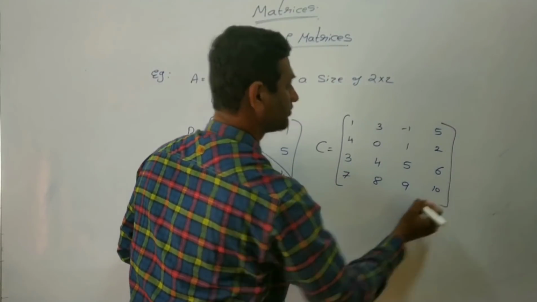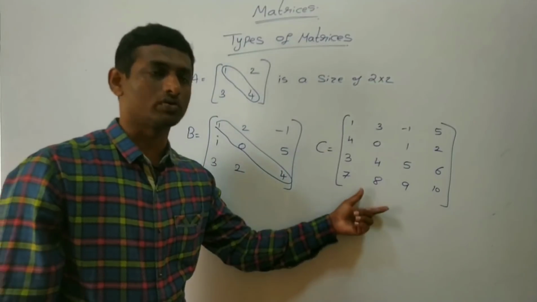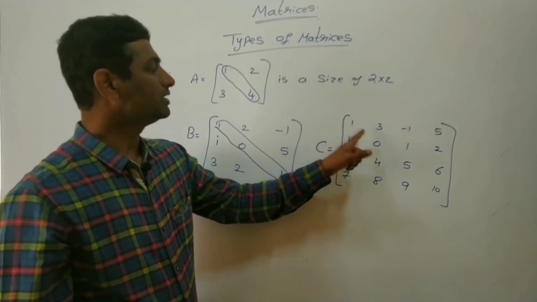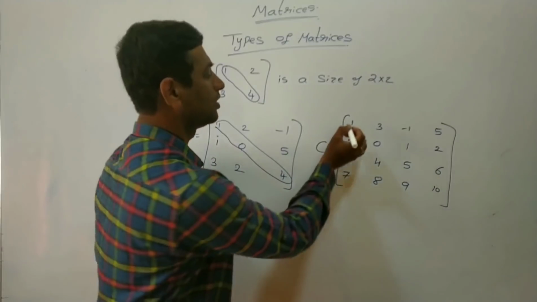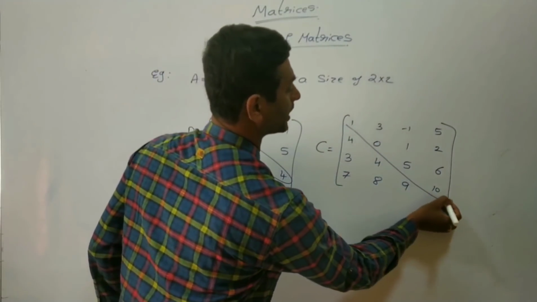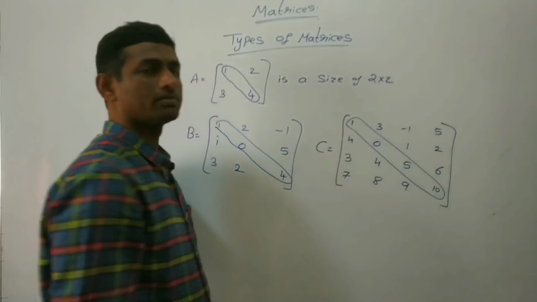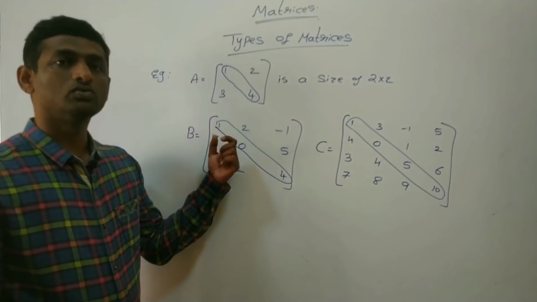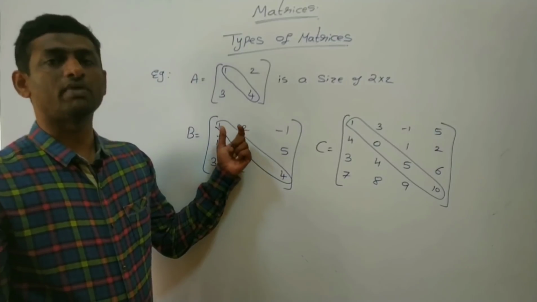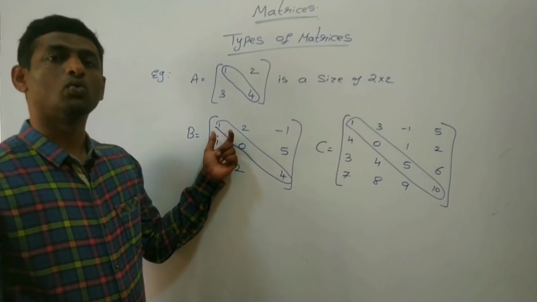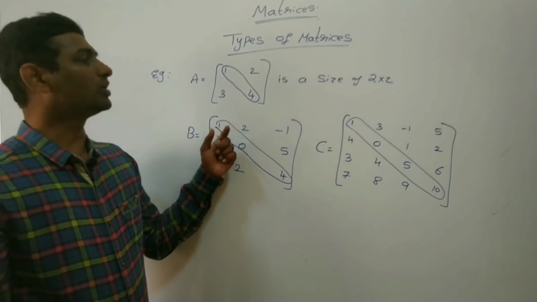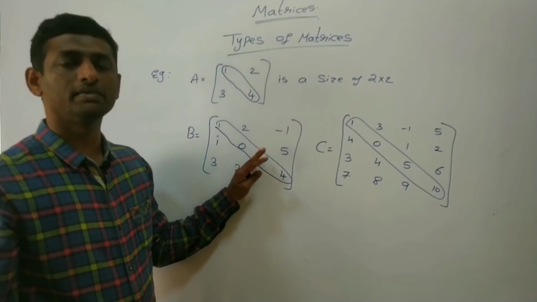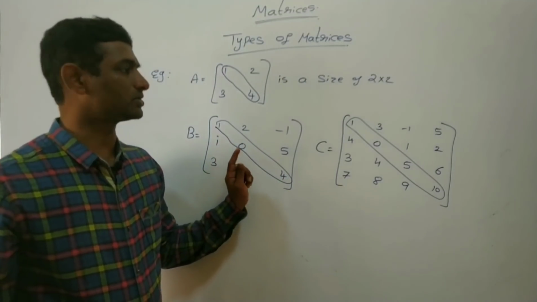This is an example of a square matrix of order 4 in which 1, 0, 5, 10 are the principal diagonal elements. So we have learned the first type of matrix, that is a square matrix, what the size of the matrix is and what the principal diagonal elements are.